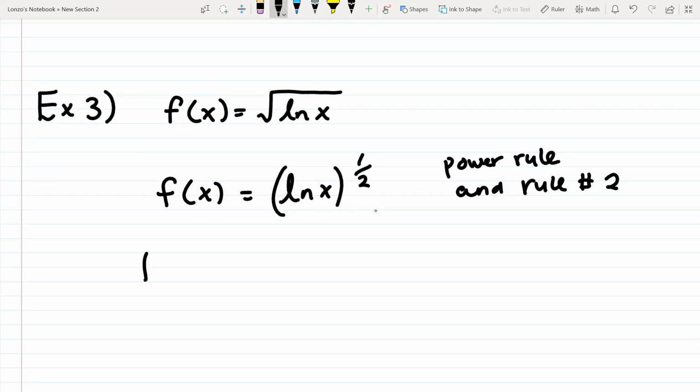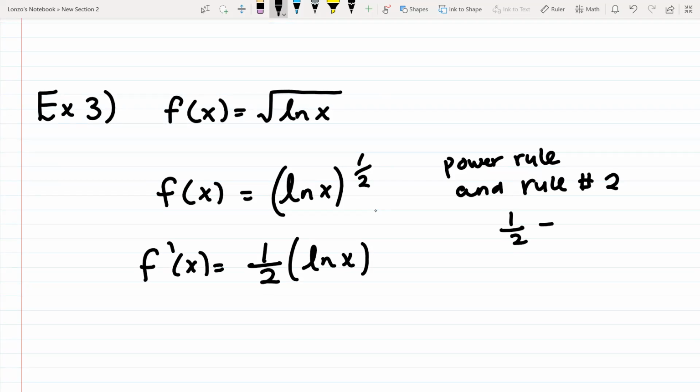So f prime would be the power rule, so it would be 1/2 times ln of x, and then you subtract 1 from the power. So what's 1/2 minus 1? Or 2 over 2, because 2 over 2 is the same thing as 1. 1 minus 2 is negative 1 over 2. So negative 1/2.